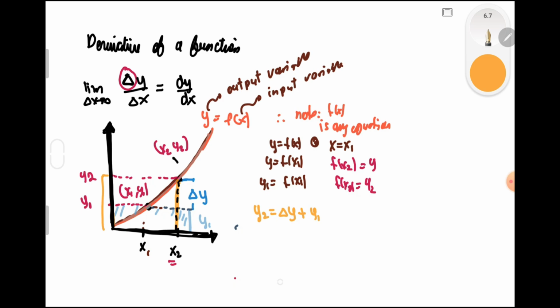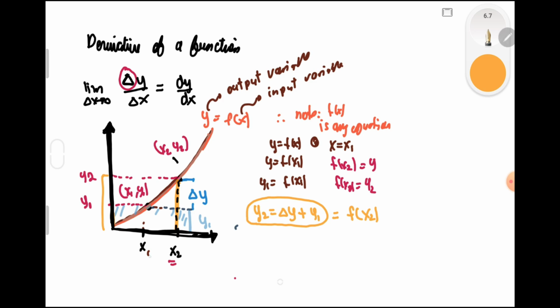And also, I may say that from this, kasi naka-delta yan, the certain change of y comes from our input variable. Ano nga ba yung input variable natin? Take note that this is equal to our f of x sub 2. But what is our f of x sub 2? Kaya tayo nagkaroon ng change or increment sa ating y is because of our input x sub 2.